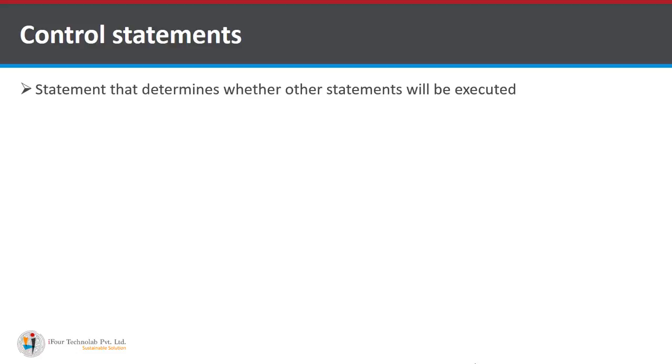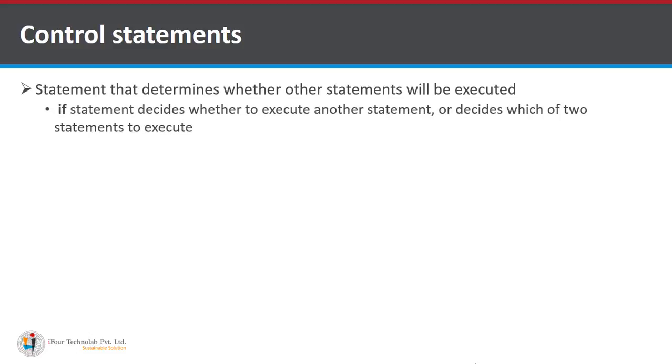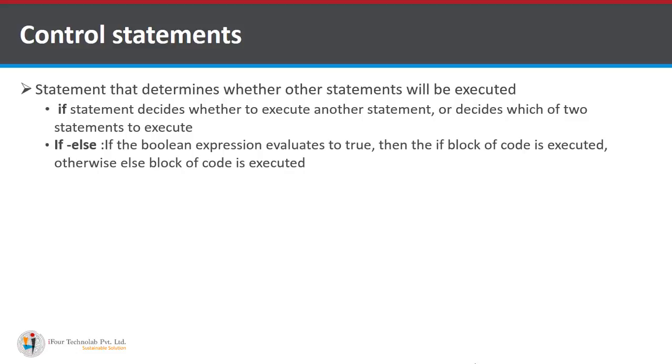Control statements are statements that determine whether other statements will be executed. The if statement decides whether to execute another statement, or decides which of two statements to execute. In if else, if the Boolean expression evaluates to true, then the if block of code is executed, otherwise the else block of code is executed.